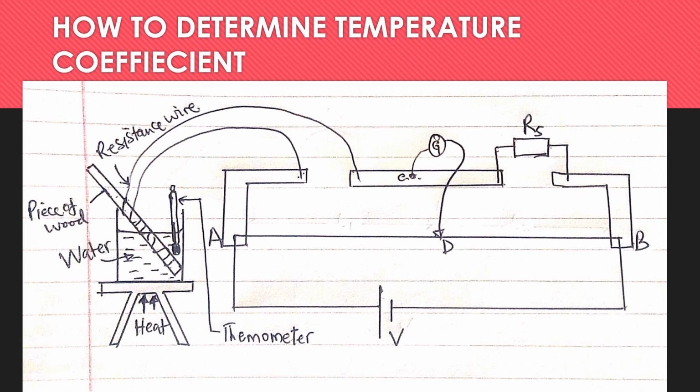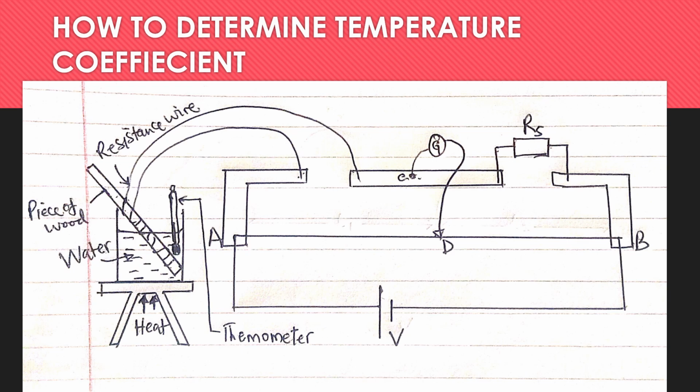Once you have the average value of the diameter of the wire, lastly you find the resistivity of the wire by the expression that resistivity is equal to the slope times pi d squared divided by 4. So that is how you find the resistivity of a wire using a meter bridge.